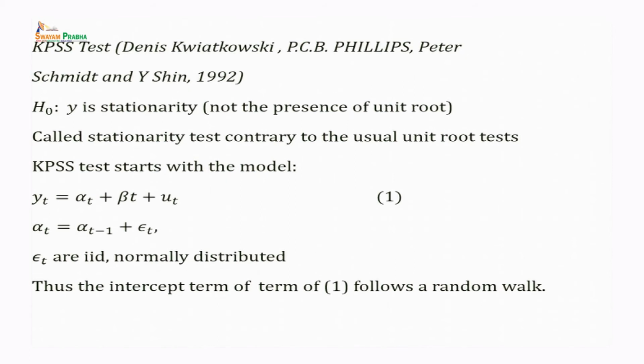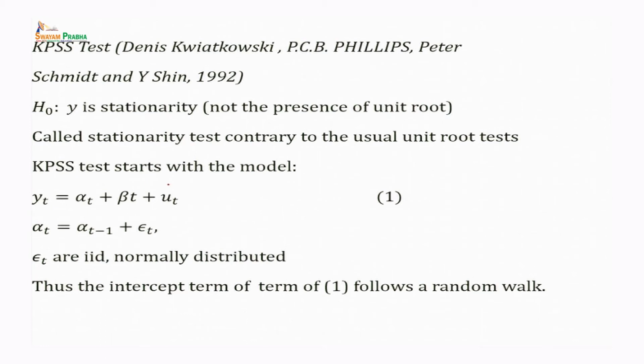So, this is contrary to usual unit root tests. So, whether you take the augmented Dickey-Fuller test or the Phillips-Perron test, both the tests assume that under H naught the process has a unit root.